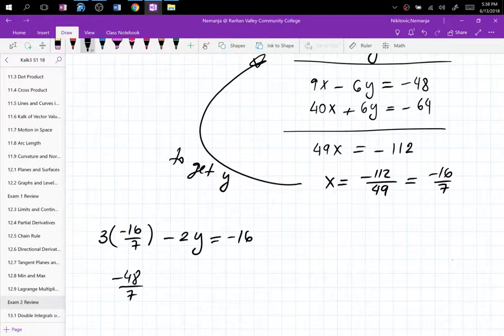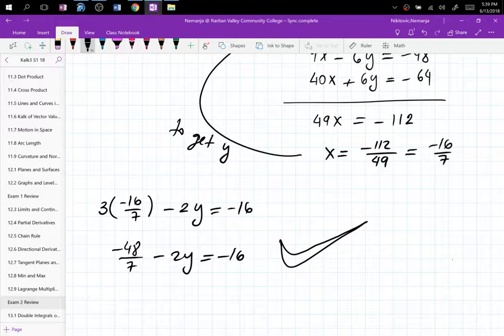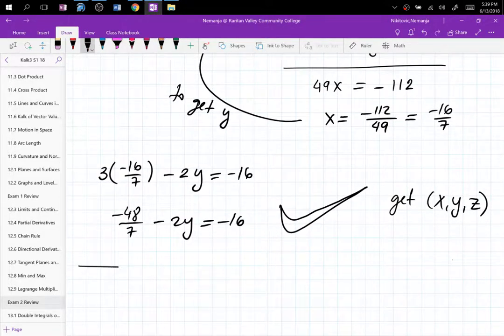No, I moved that to the other side. Minus 2y is equal to negative 16. I'll just do it. Get x, y, z. Next problem.